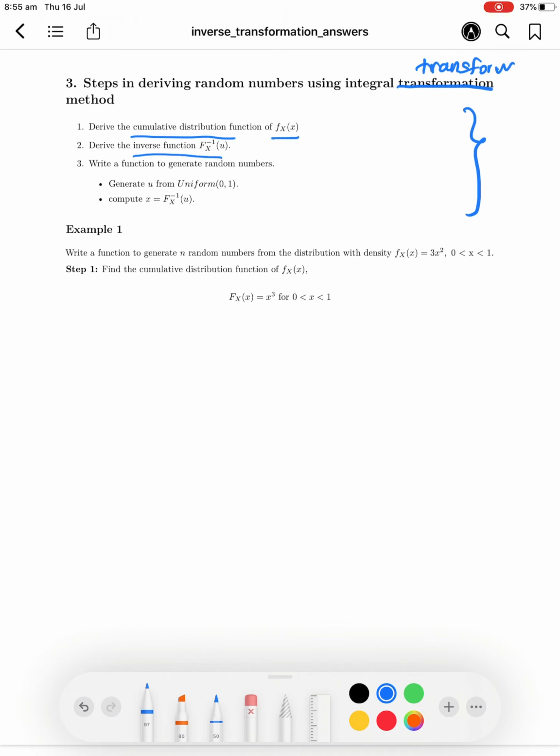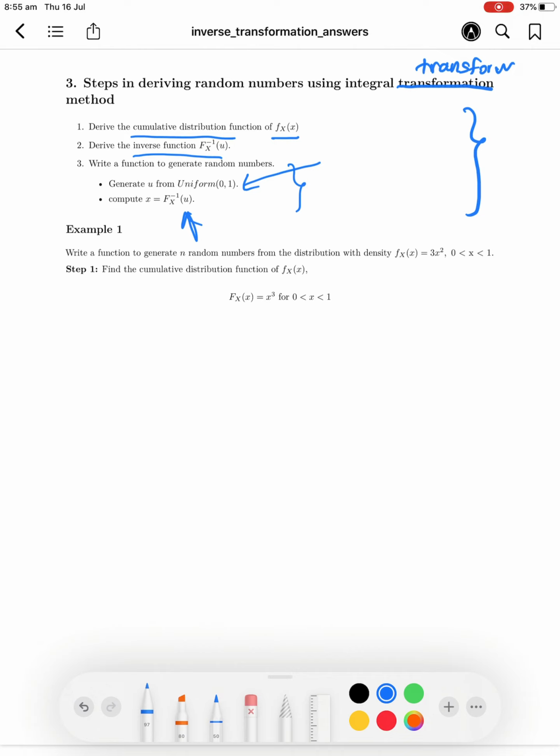Then you have to derive the inverse of the CDF. After that, you can write a function. Inside the function, it should generate a set of random numbers from the uniform distribution, and then you substitute into the formula here to get the random numbers from X.